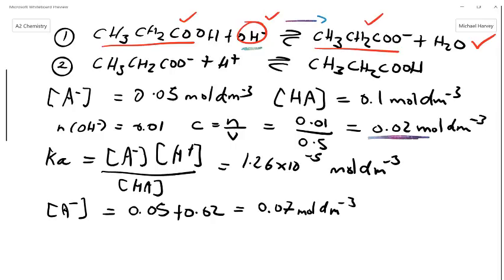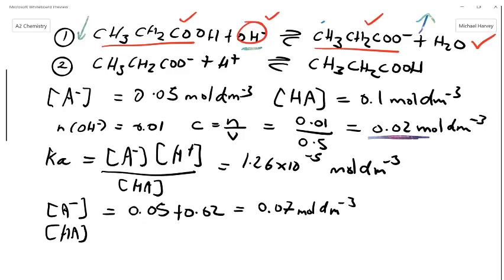Right, and we also can work out the concentration of HA because it's going to go in the opposite direction. As A minus increases in concentration, HA is going to be decreasing in concentration appropriately as it's being converted into the conjugate base.